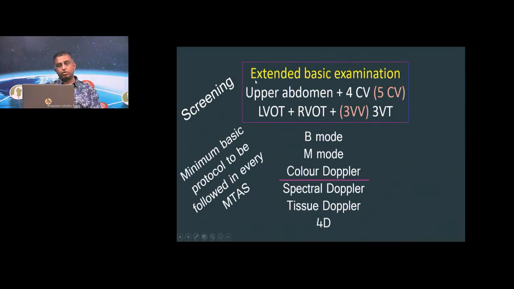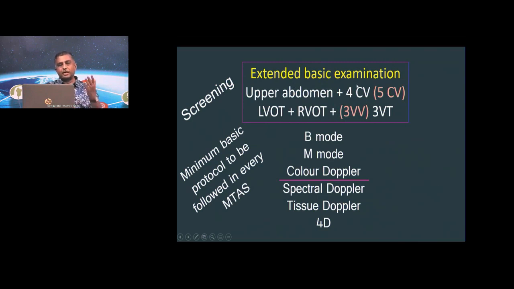Now, the term that we use to represent the cardiac examination in the mid-trimester is called extended basic examination. Extended basic because the basic alone gave us only the 4-chamber view as a guideline, but we know that the pickup with 4-chamber view alone is very, very low, and therefore you've got to extend it.